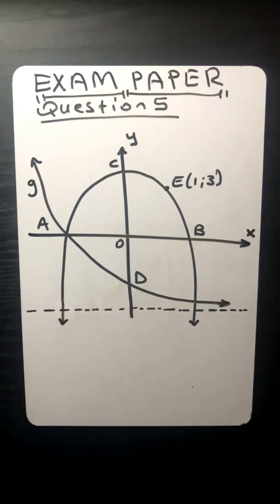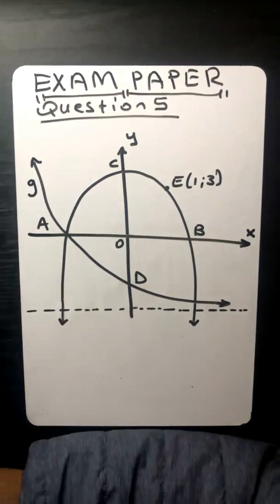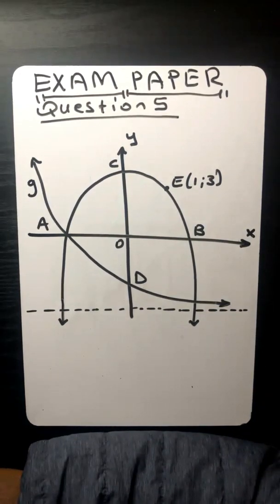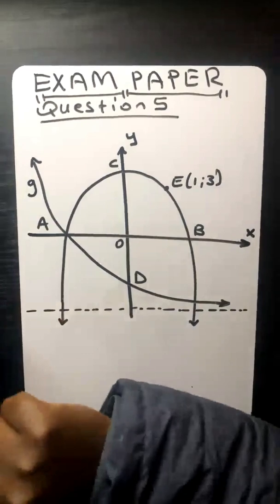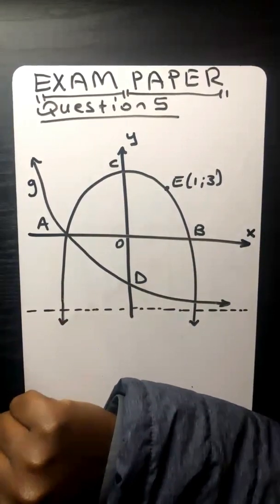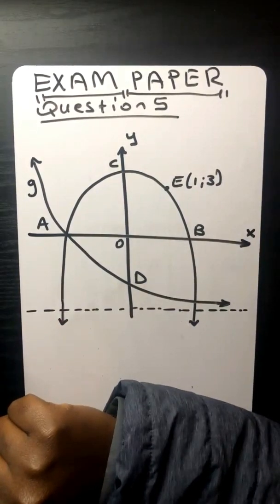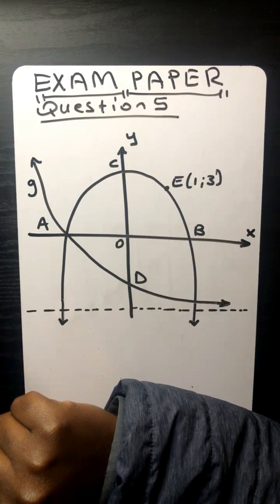The statement reads as follows: sketched below are the graphs of f(x) = ax² + q, and g(x) = (1/2)^x − 4.